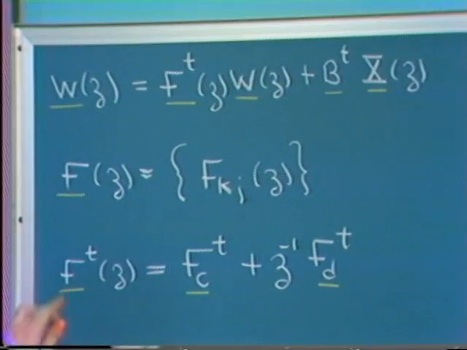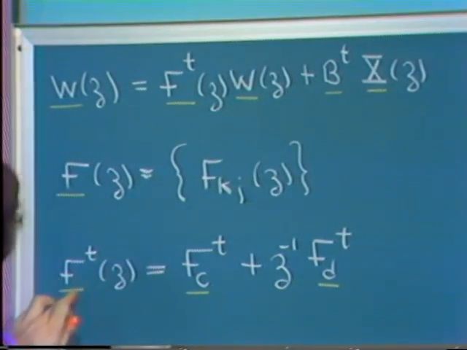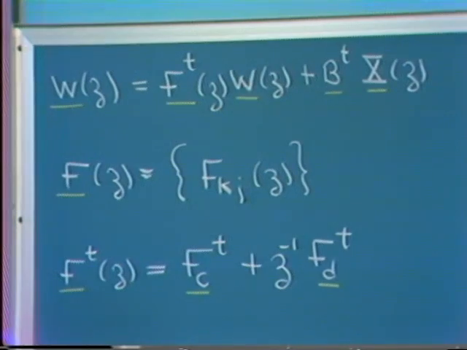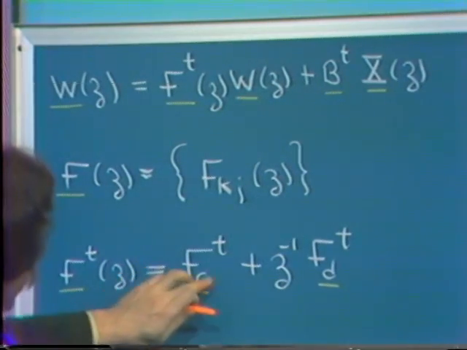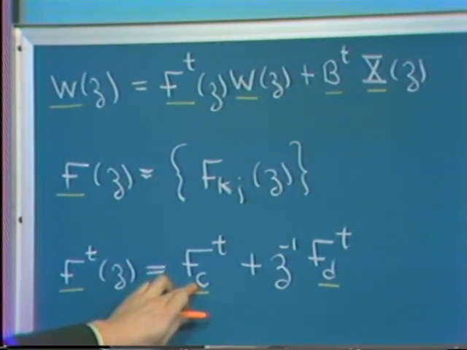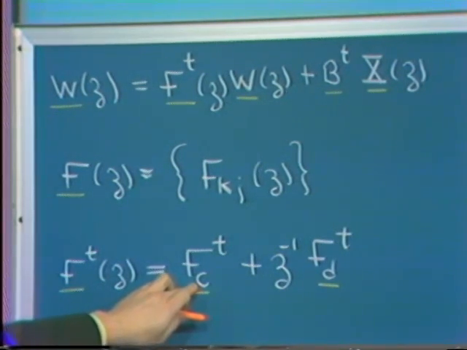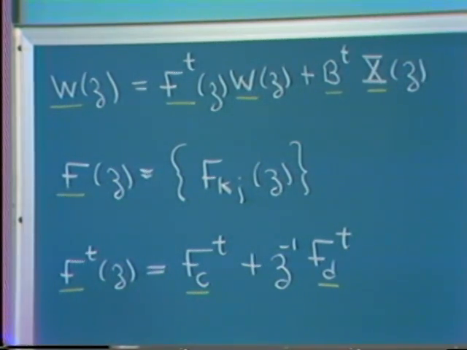In particular, we can write the transposed matrix F transposed of z. We can separate it into the sum of two matrices. One matrix is simply a coefficient matrix. In other words, it involves no terms z to the minus 1.